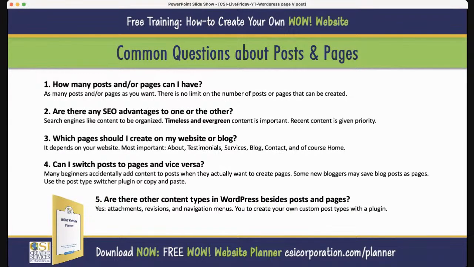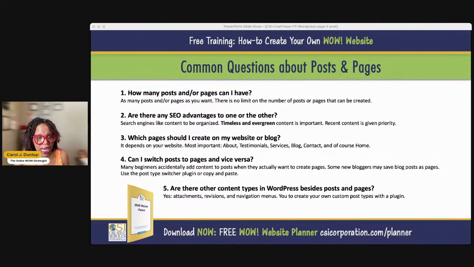are there other content types in WordPress besides posts and pages? Yep. There are attachments, revisions, navigation menus, and you can even create your own custom post types. Just Google custom post type plugin, and it will come up.